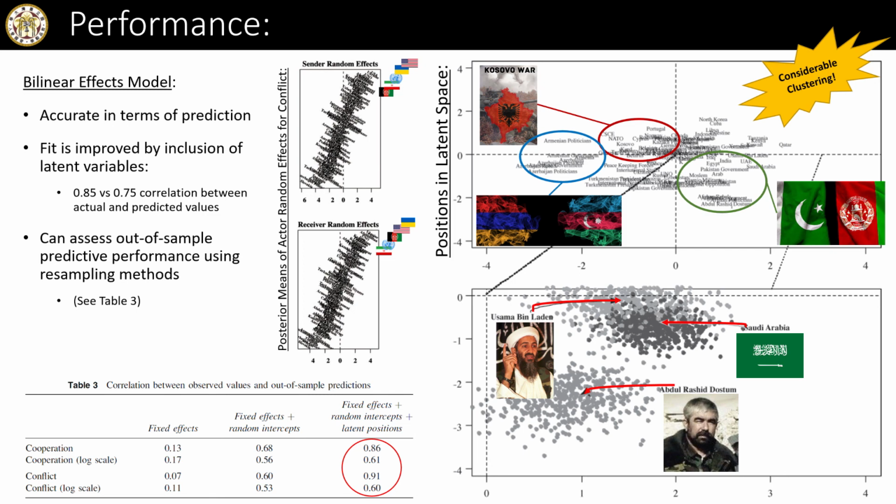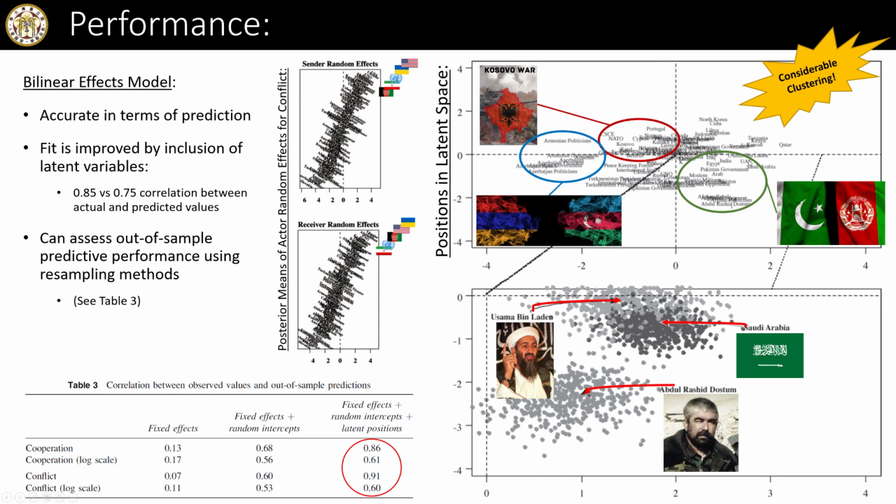Over here on the far left, there are a lot of actors that are involved in the Armenia-Azerbaijan conflict. Closer to the center, there are various actors involved in the Kosovo conflict.